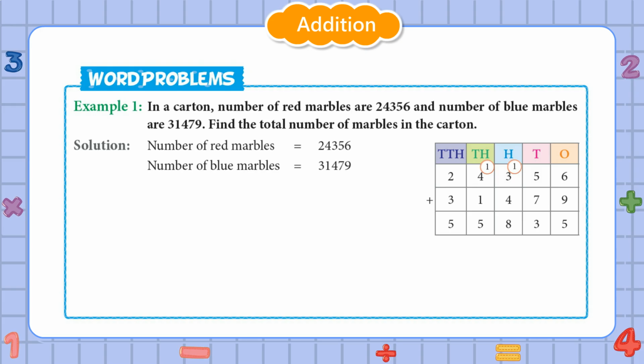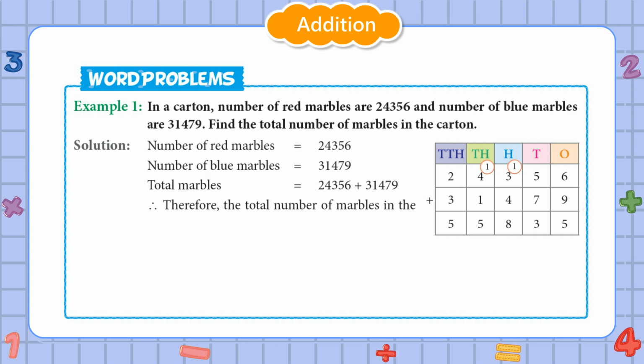Number of blue marbles is equal to 31,479. Total marbles is equal to 24,356 plus 31,479 is 55,835. Therefore, the total number of marbles in the carton are 55,835.